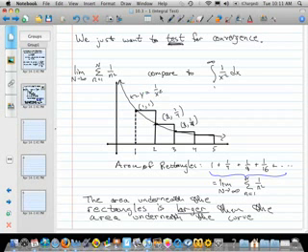Okay, and maybe you can see where I'm going. Where I'm going is, if the area underneath the curve converges, then so does the area underneath the rectangles.